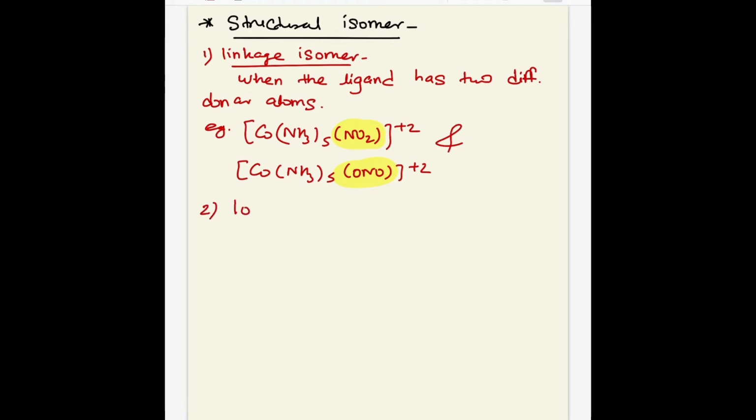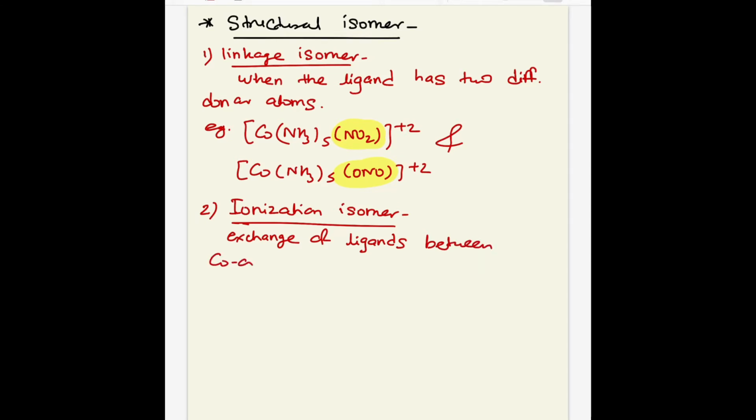Second isomerism is ionization isomer. Ionization isomerism involves exchange of ligands between the coordination sphere and the ionization sphere.